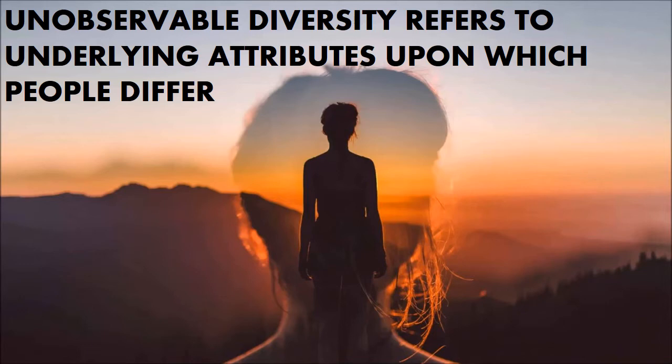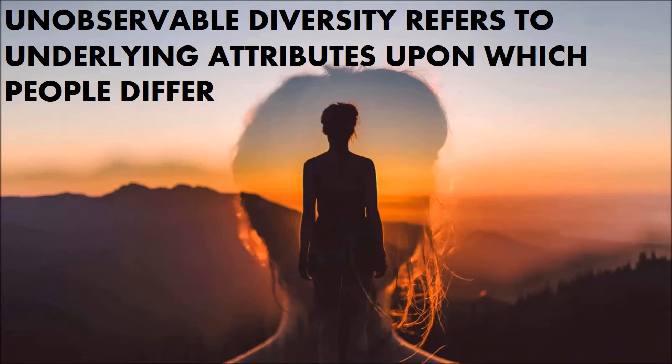Unobservable diversity refers to underlying attributes upon which people differ. So religion is often an unobservable diversity. You don't immediately know what religion someone is unless they're wearing special clothing that communicates that. Other examples would be things like your educational background. I don't know right off the bat what kind of school you went to, what kind of degree you have.